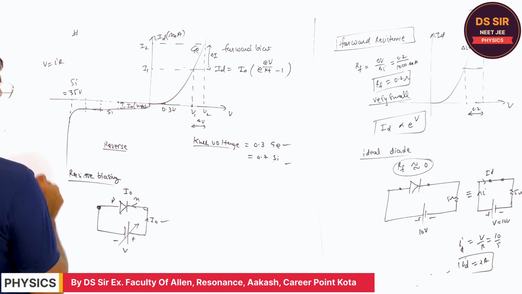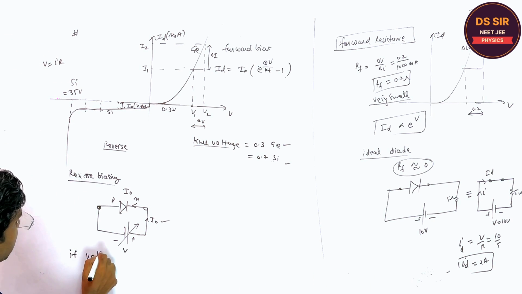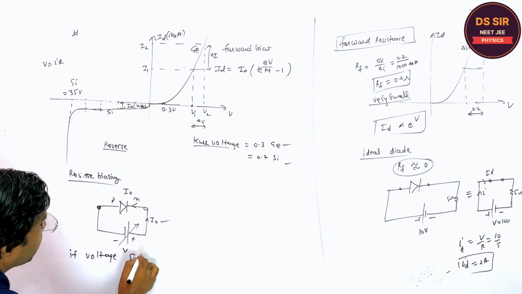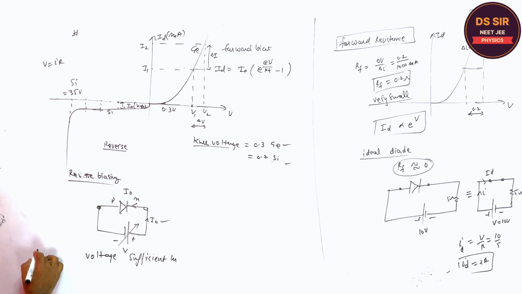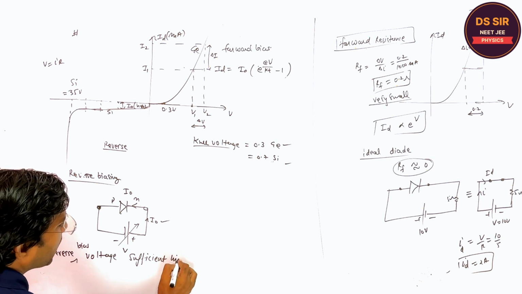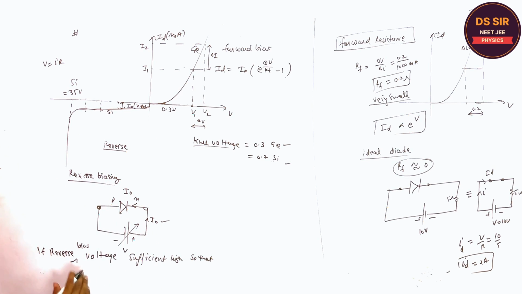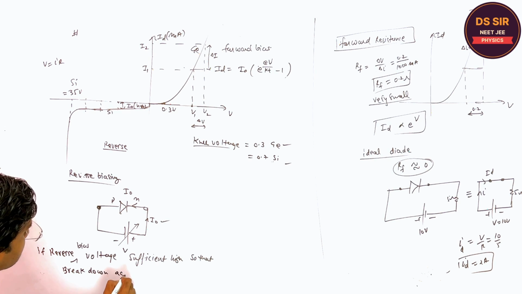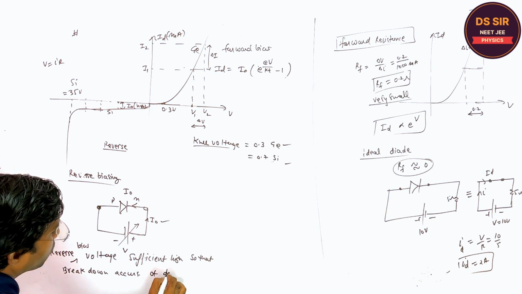This is called the breakdown. If the reverse bias voltage is sufficiently high, breakdown of the diode occurs.